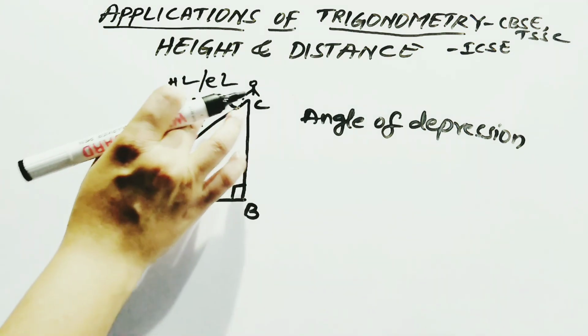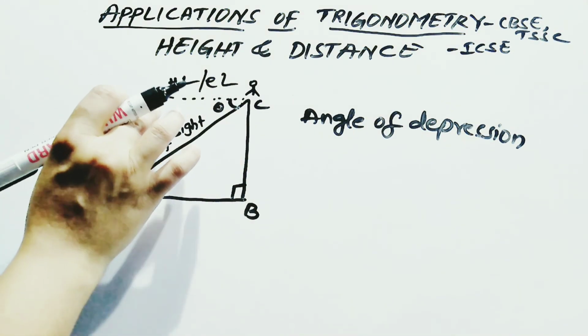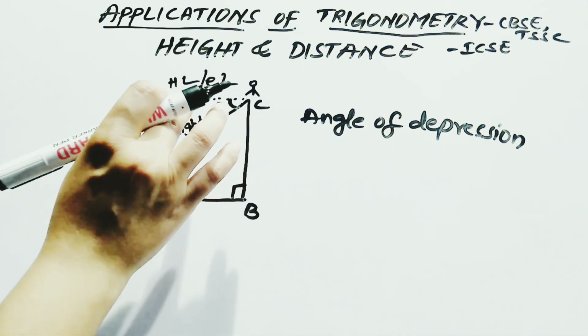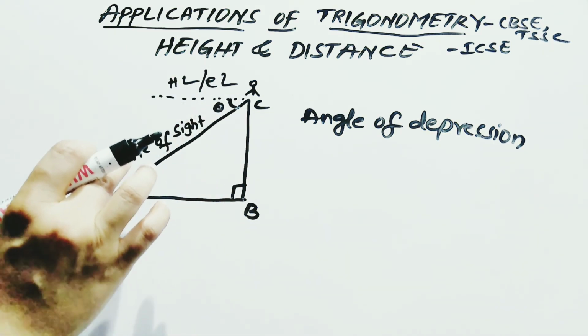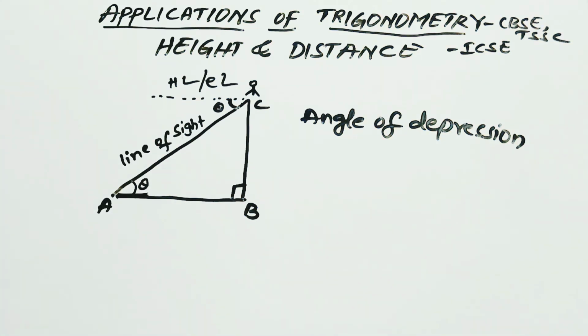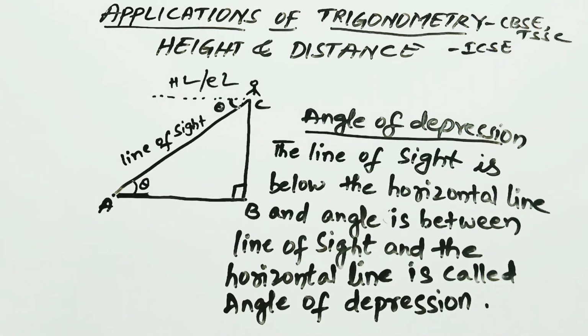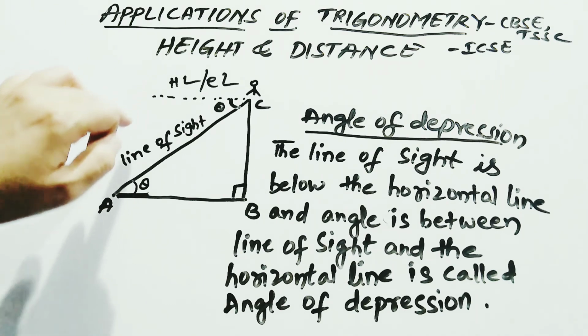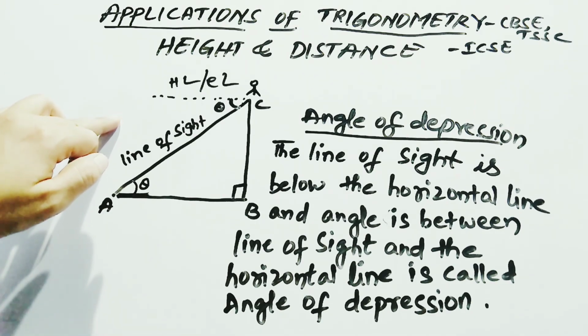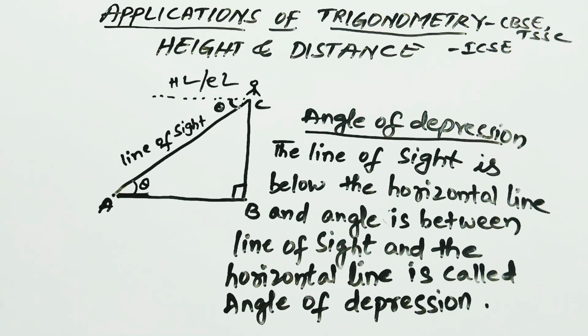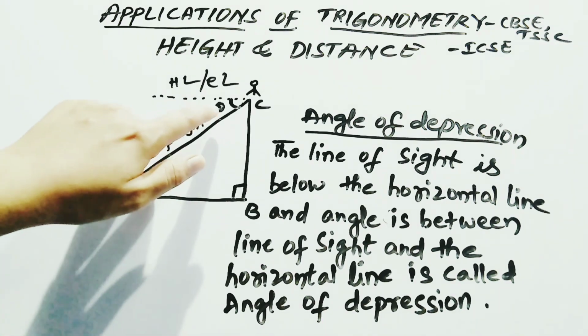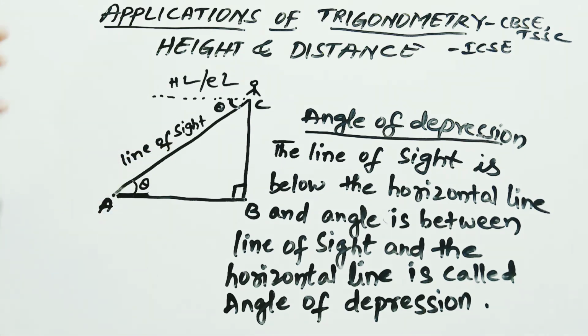What is the angle of depression? The line of sight is below your horizontal line, and the angle formed between the line of sight and the horizontal line is called the angle of depression.